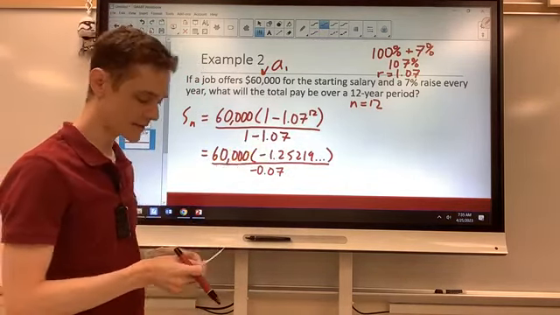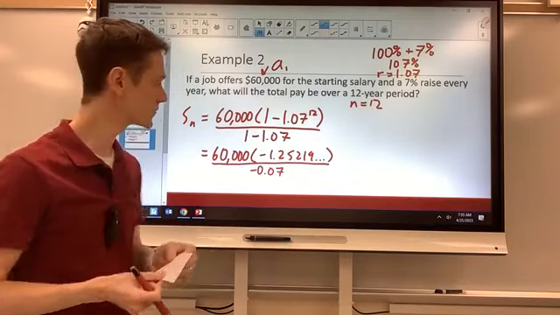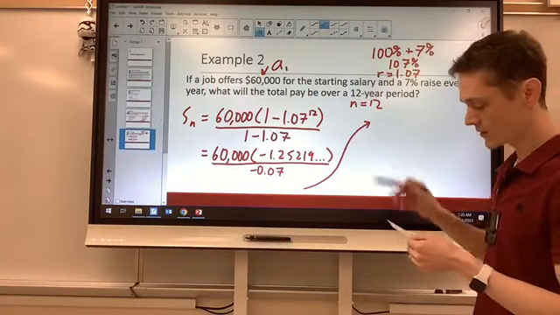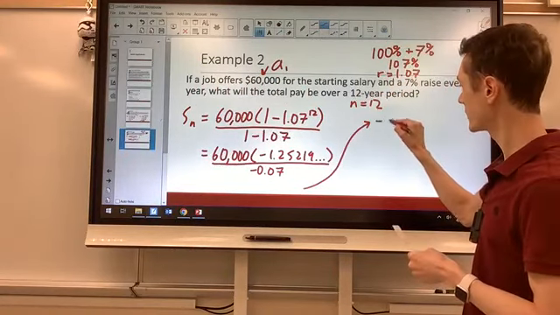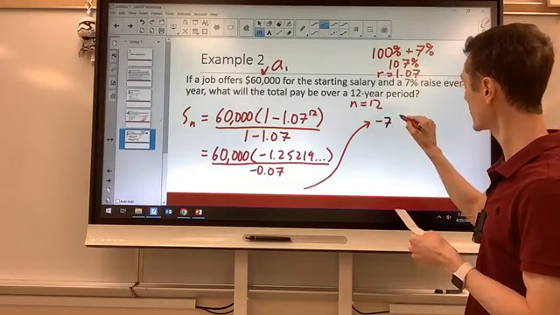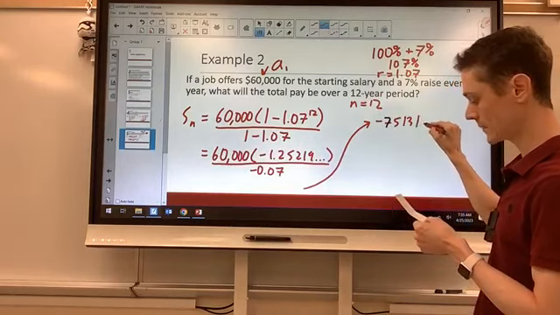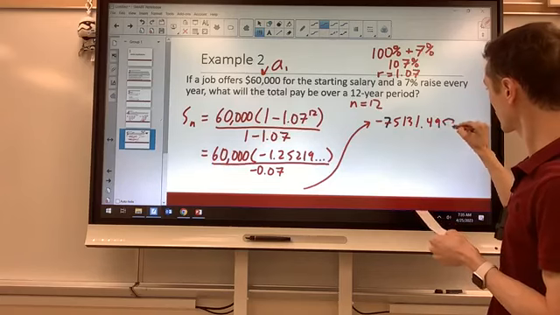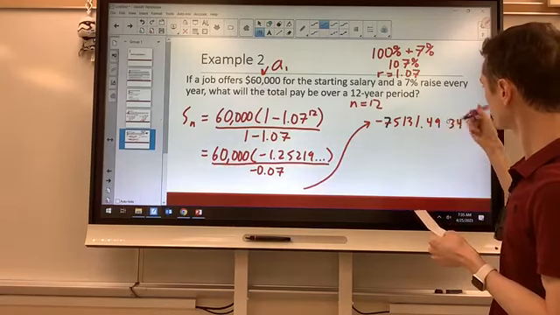So now I have 60,000 times the negative 1.25219 number. Just to give myself a little more space, I'm going to come back up here. So that number gave me negative 75,131. And again, there's a decimal that goes on for a bit. That's a 5 right there.